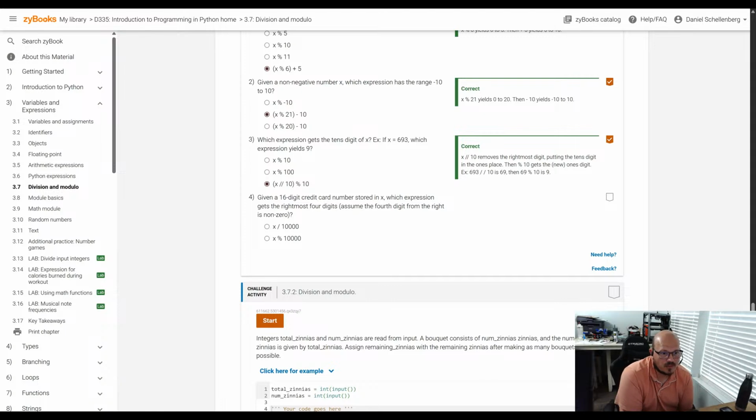Assume the fourth digit from the right is non-zero. 1, 2, 3, 4. So the modulo, because the modulo will get everything from the right. And these zeros are saying we'll go 1, 2, 3, 4, just like it's saying here. So the answer is this one.